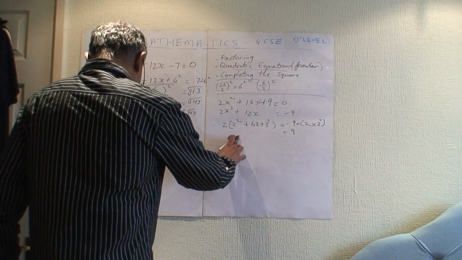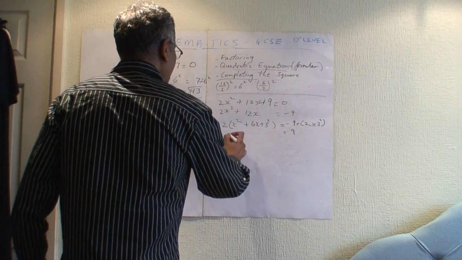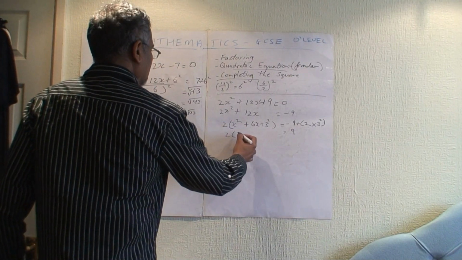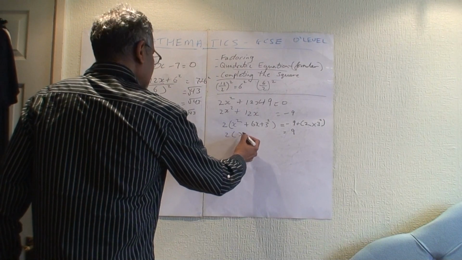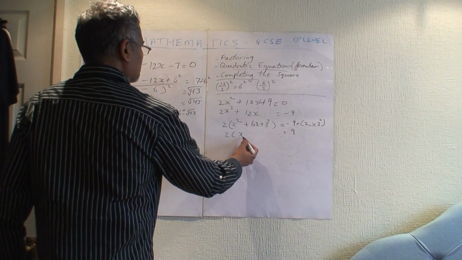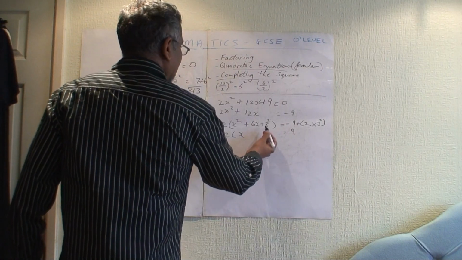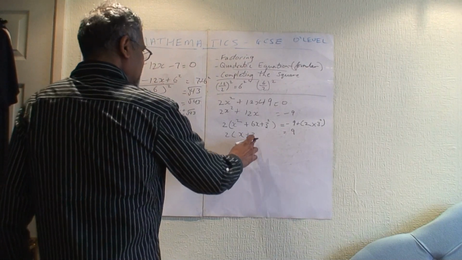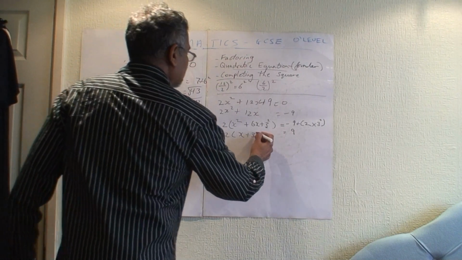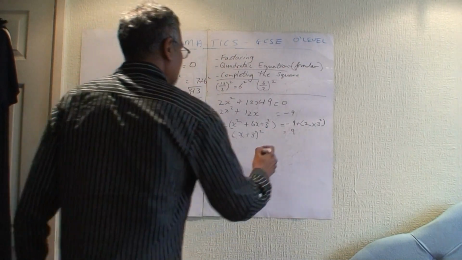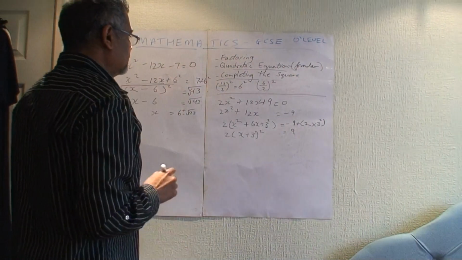Say it's 2, bring the 2 down. It's going to be x, so this x comes there. But then we plus the 3. The 3 goes here, and we square that. And that is equal to 9.